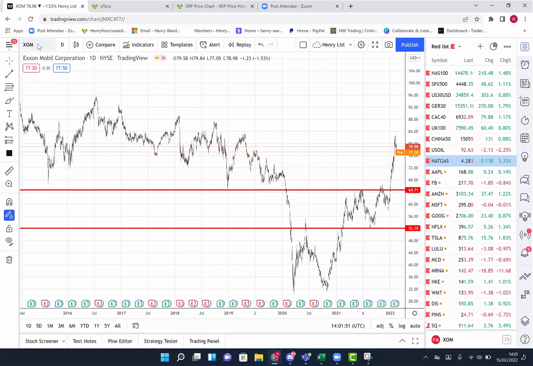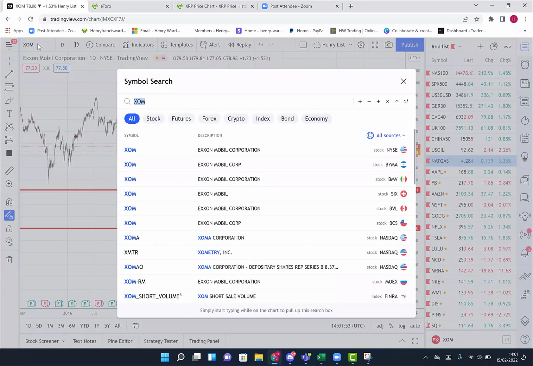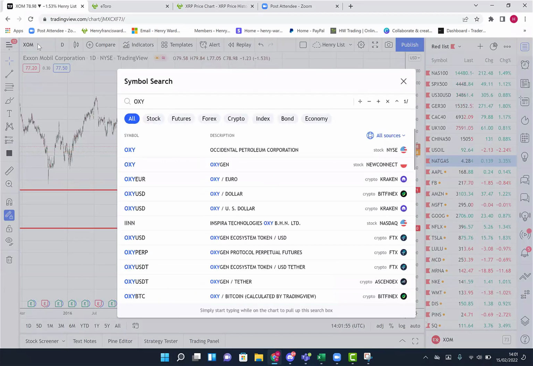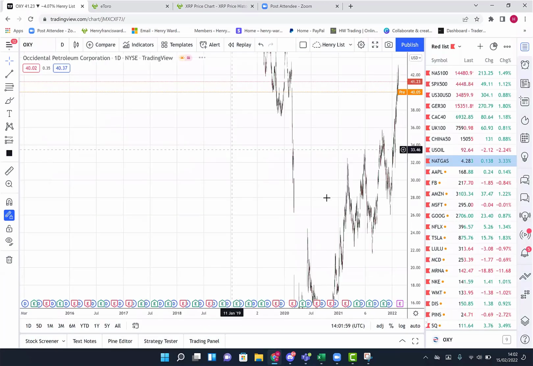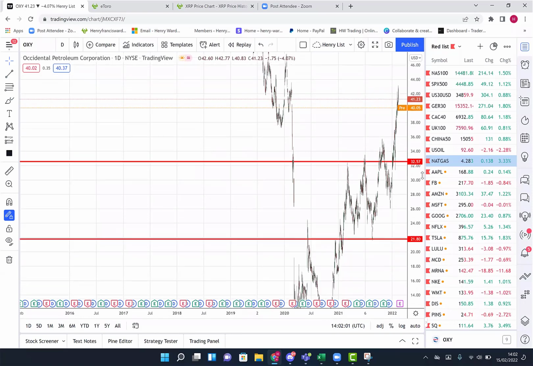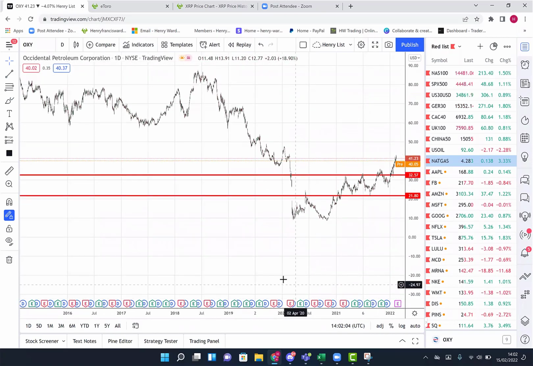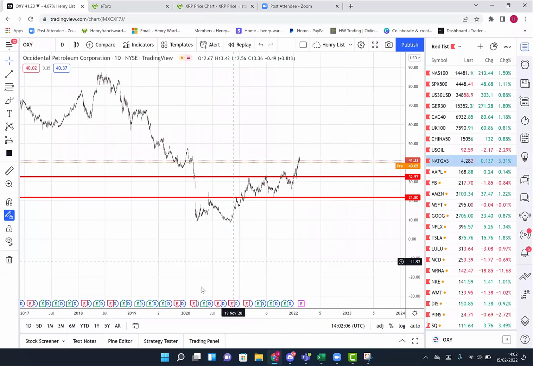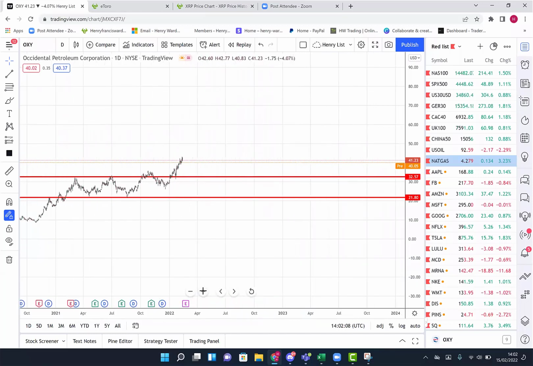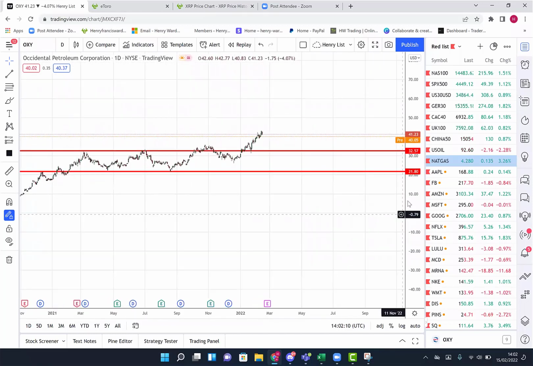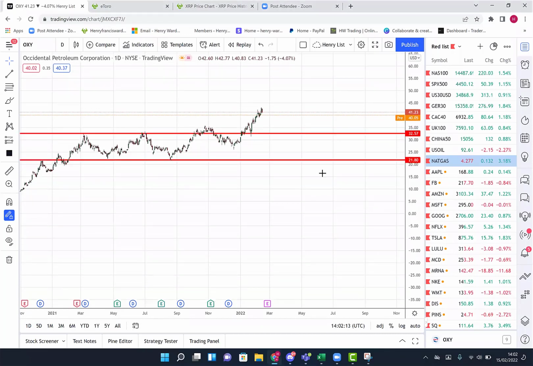We also have Oxy. Again, that's flying as well. I'm assuming people have Royal Dutch Shell as well.